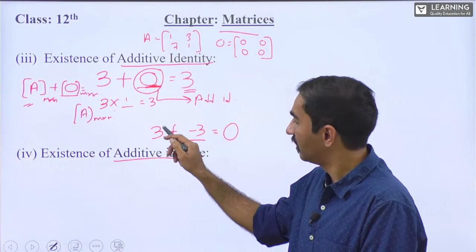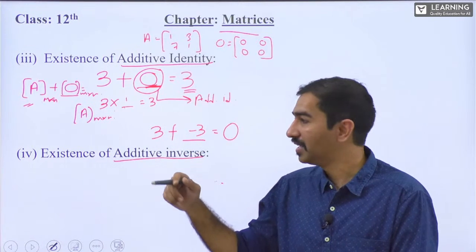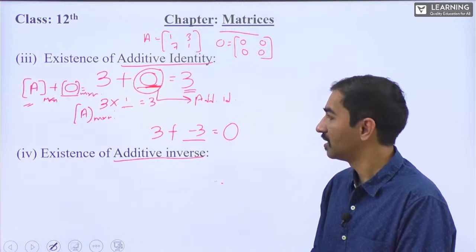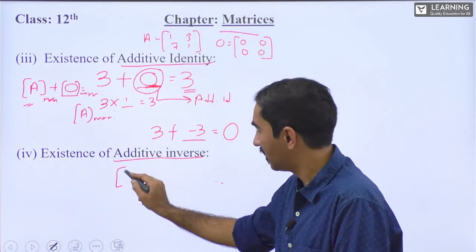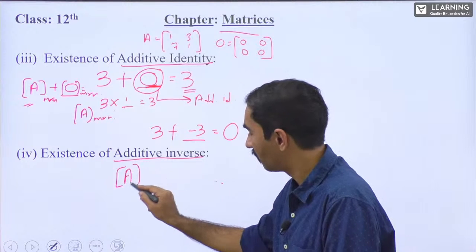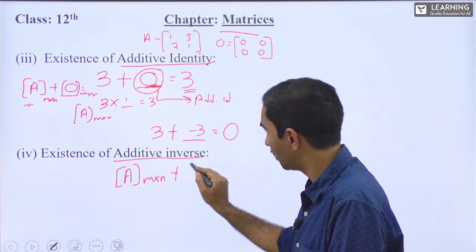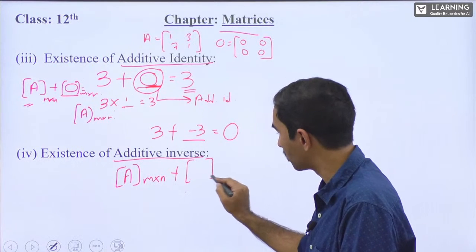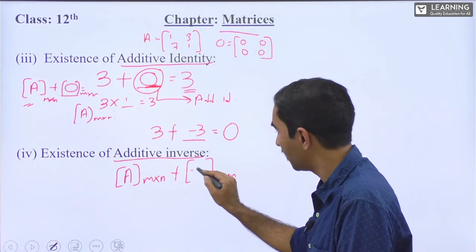Understanding? So what is additive inverse here? Any number, if the opposite sign of that number is added, then we'll be getting 0. In terms of matrices, students, how do we define? Matrix A of order m cross n, if it is added with the same order m cross n, but minus A this time.